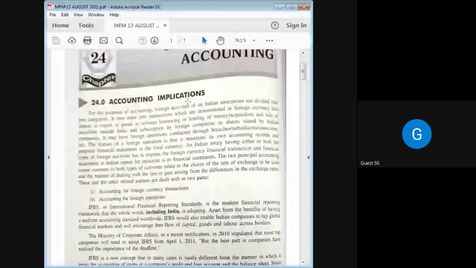So we all know that when an Indian enterprise does foreign transactions, it does them through its branches or subsidiary or associate. The feature of a foreign operation is that it maintains its own accounting records and prepares financial statements.